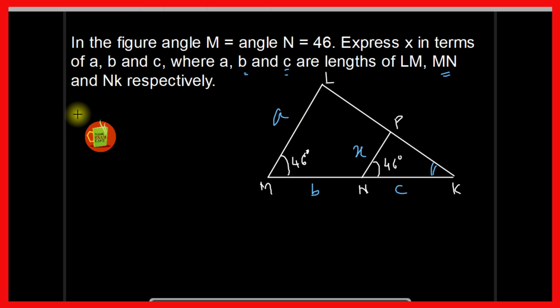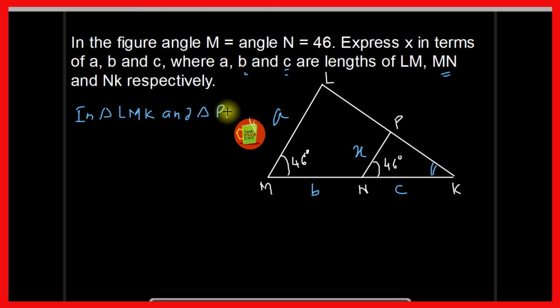So first we will write up to this. In triangle LMK and triangle PNK, we have angle M is equal to angle N, which is equal to 46 degrees, and this is given.